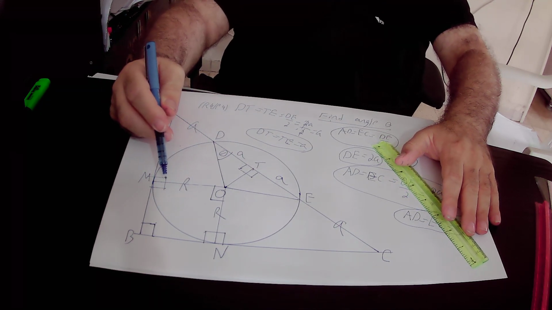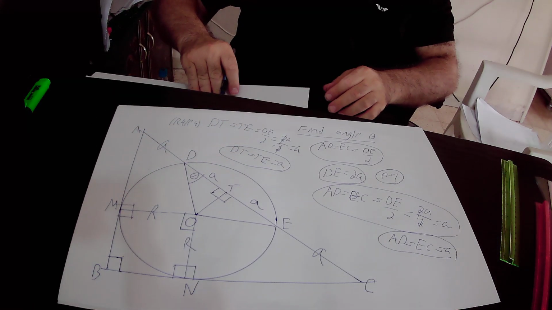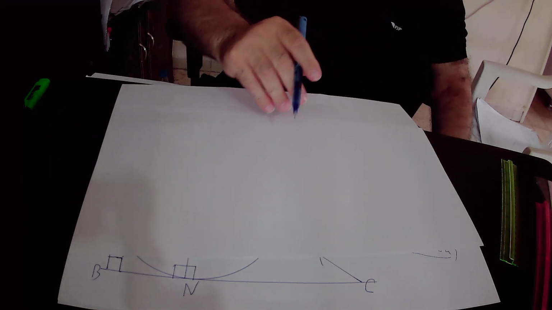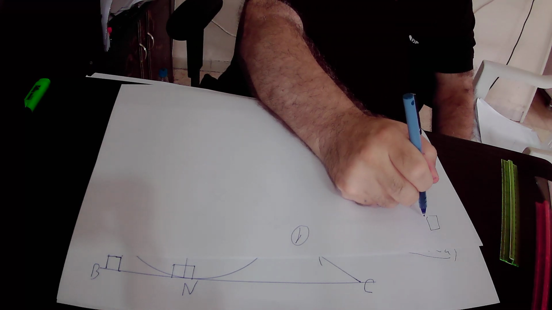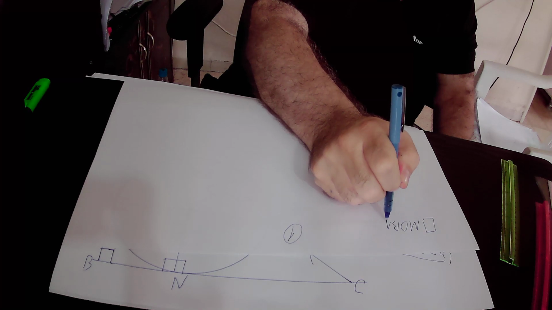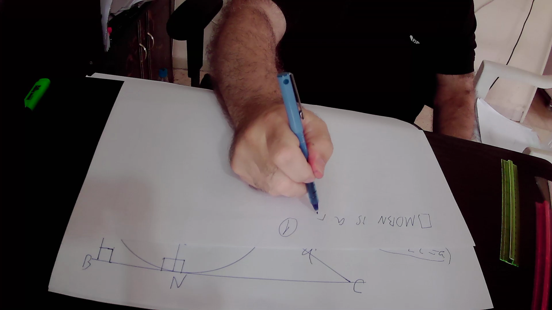Therefore, quadrilateral MOBN is a rectangle. Why? Because it has 4 right angles.